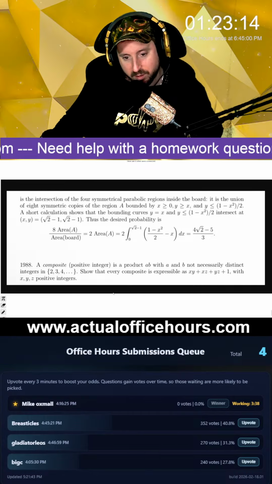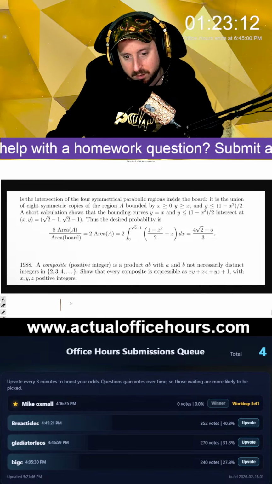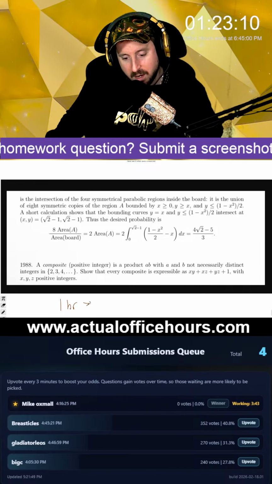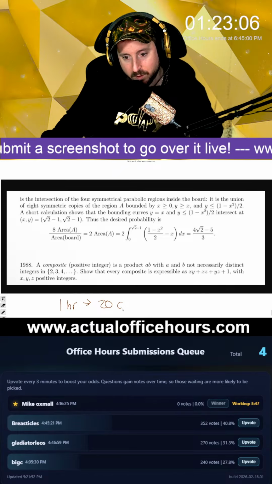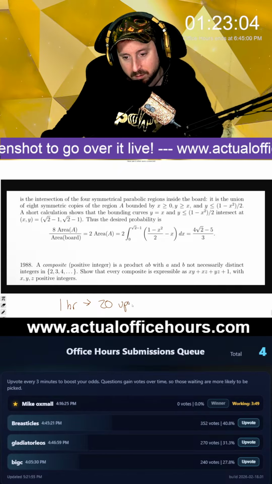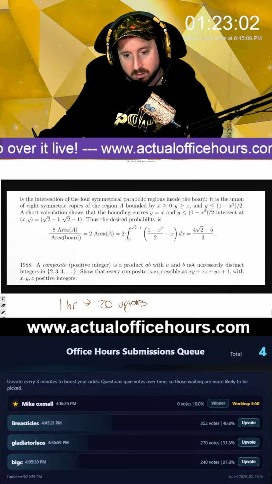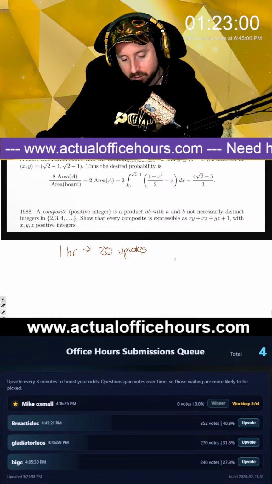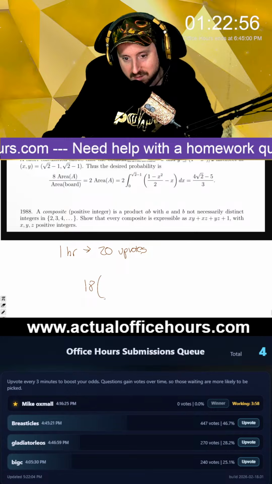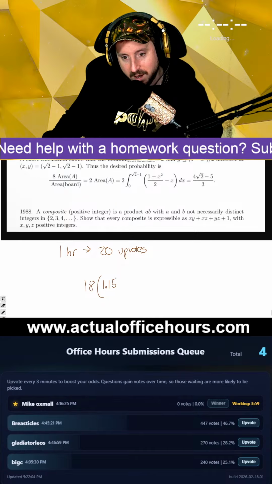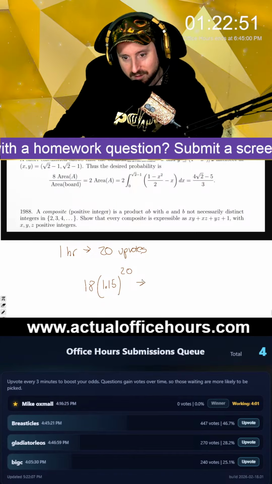But let me think about this. Okay, so like 1 hour, right? And if every 3 minutes you can click, that's 20 clicks, 20 upvotes. Do the bottom one? Okay. I just want to see how this works. So if it's 20 upvotes and you start with 18 and it's exponential, this is 18 times 1.15 to the 20th.